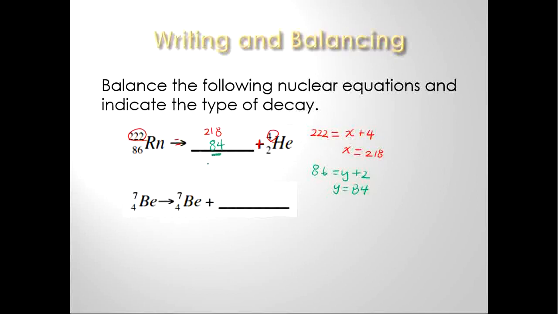So I look at the periodic table, find 84, and 84 is polonium. So I'm going to write the symbol, capital P, lowercase o. And so my answer is polonium-218, which is the new element that's being formed.